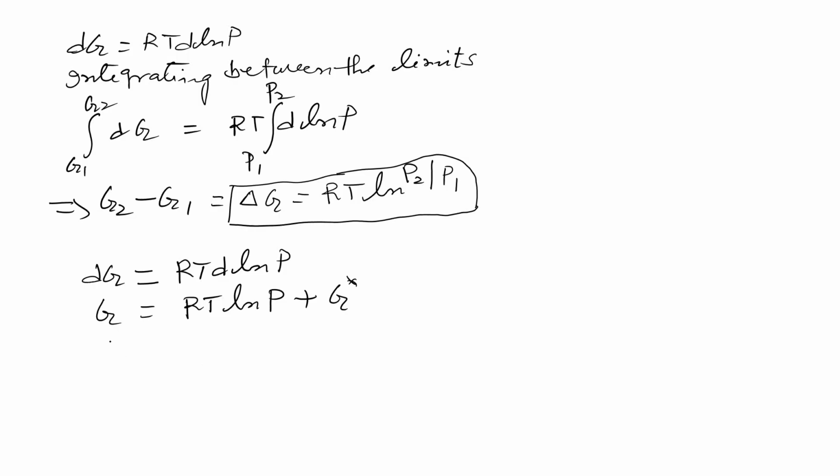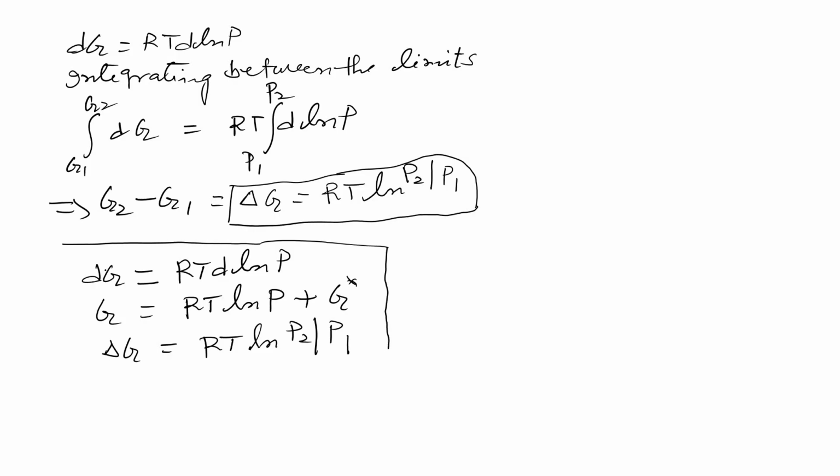And then another one, delta G equals RT ln P2 by P1. All these equations are for ideal gas, and these are all for 1 mole of ideal gas.